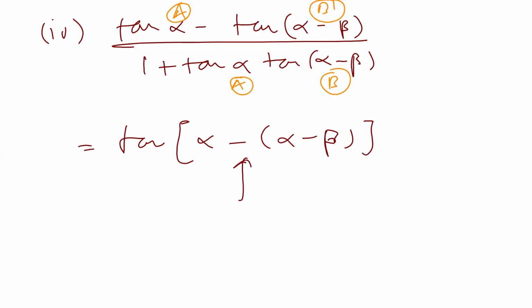So it's tan A minus B. Tan A minus tan B upon 1 plus tan A tan B is tan A minus B. So alpha alpha is getting cancelled. We are left with minus into minus is plus tan beta.